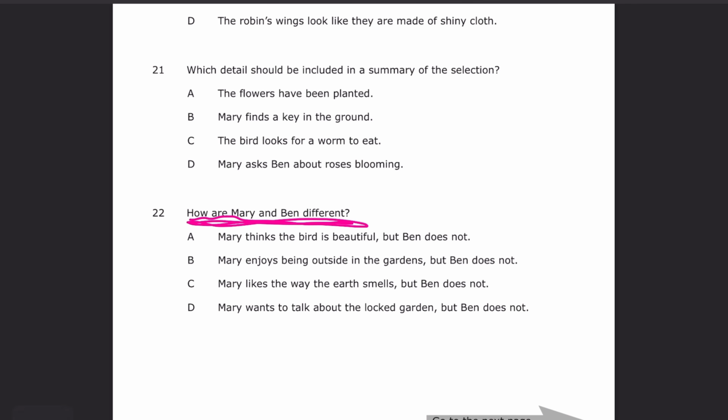So if I am already thinking about these events, the important things going on in the story, if I'm already thinking about plot, then this question is not going to surprise me. This question is going to make me put together the things that I've already been thinking about as I'm reading.